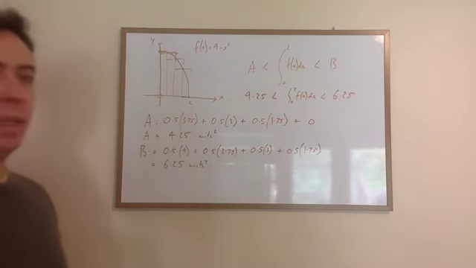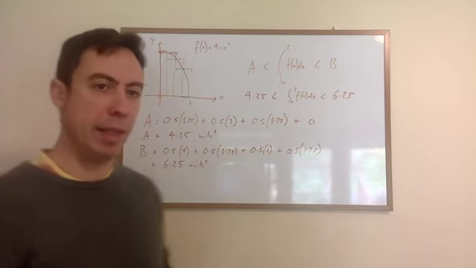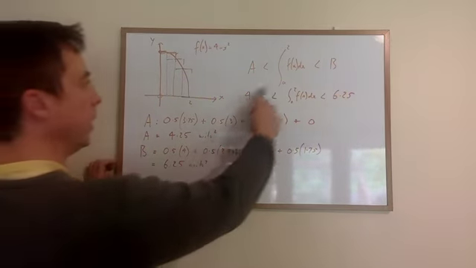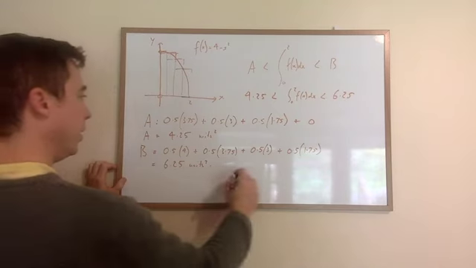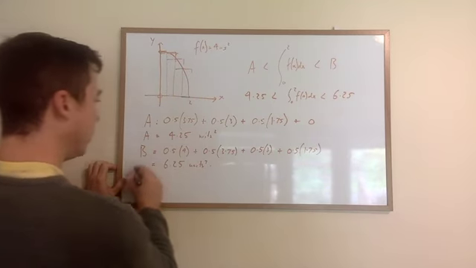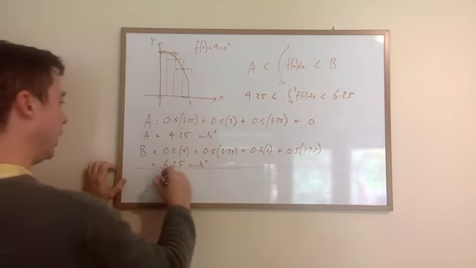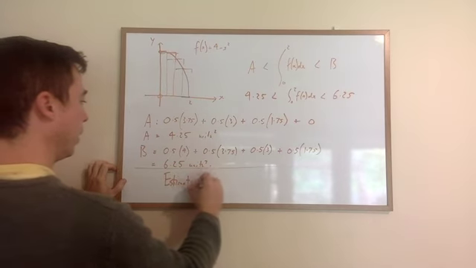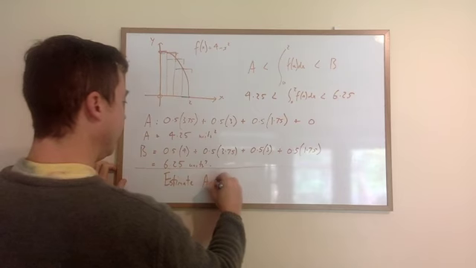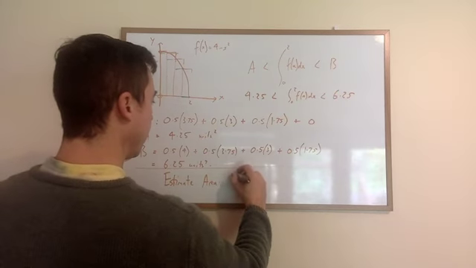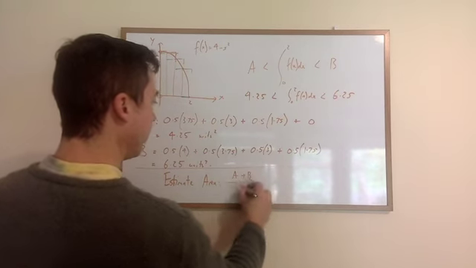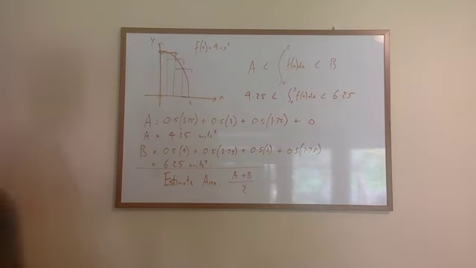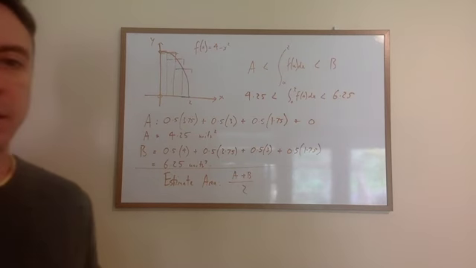If you want an estimate for that area, the estimate would be to average, right? Draw a line in the sand here. Estimate of area would be the average of area A and area B.